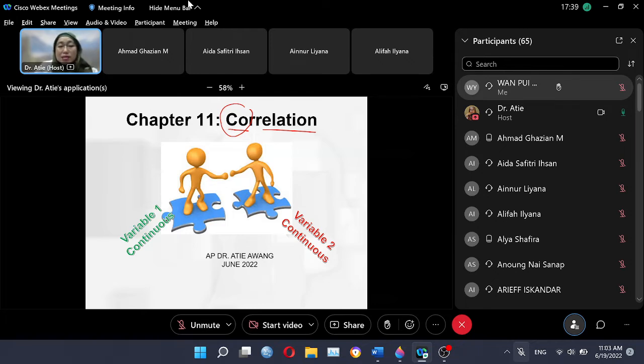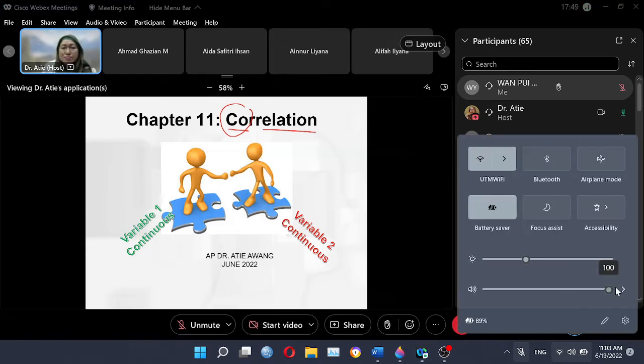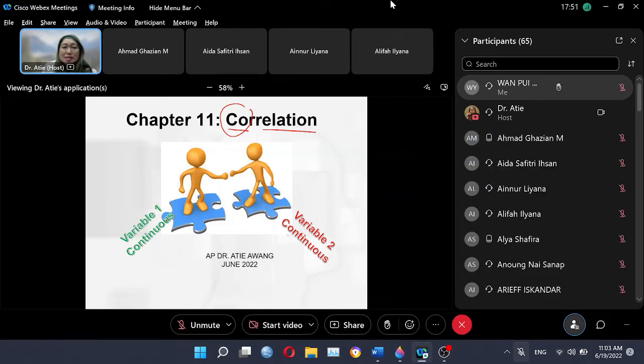So in our case, for correlation, we must have more than one variable, and we would like to find the relationship between these two variables. So I cannot say that I have a relationship with myself, because with only one person, usually a relationship will involve another party. All right. So the same thing with correlation.